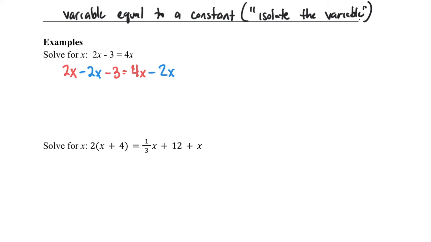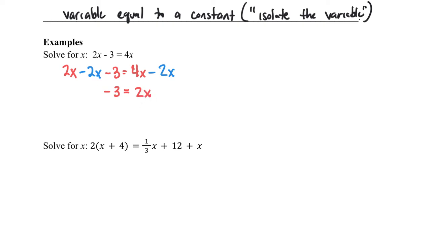So over here, 2x minus 2x just goes to 0, cancels out. So I'm left with negative 3 on this side, and on the other side, I'm left with 4x minus 2x, which is 2x. Now, I'm trying to isolate my variable. So now I've done the part where I have all my variable pieces on one side and my constants on the other. Now what I need to do is isolate the variable.